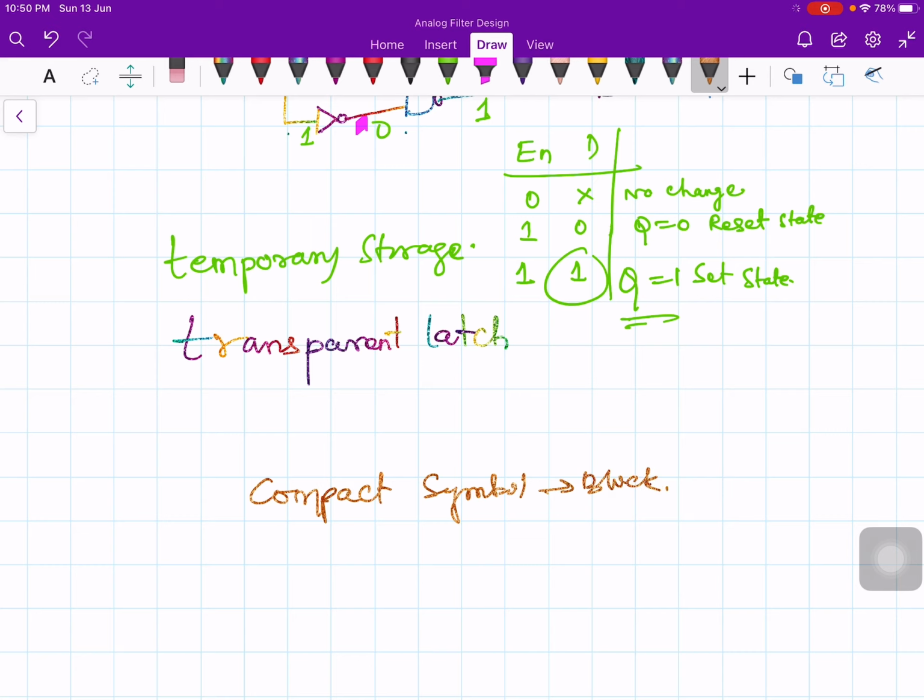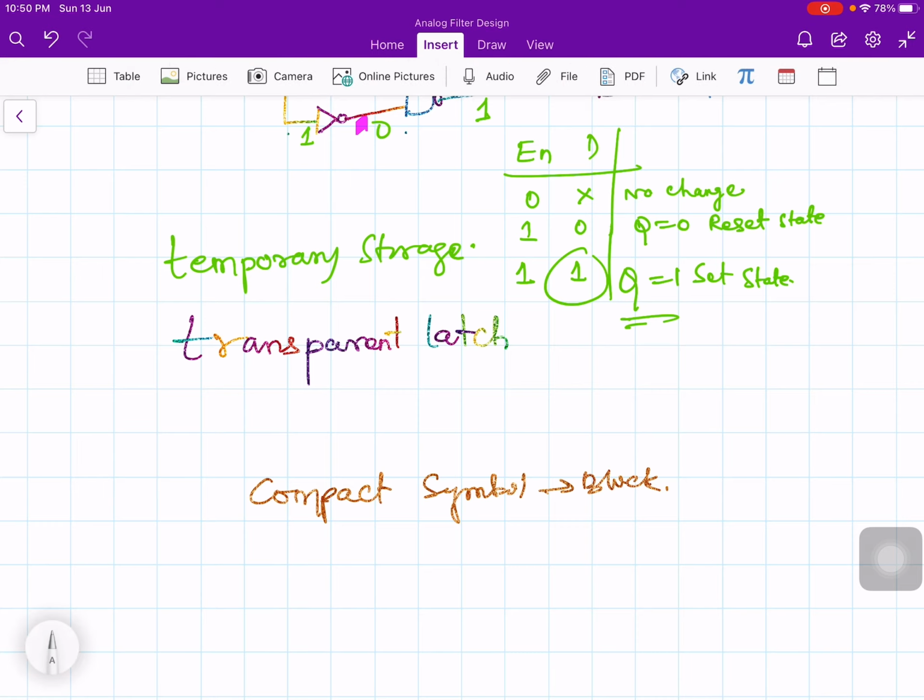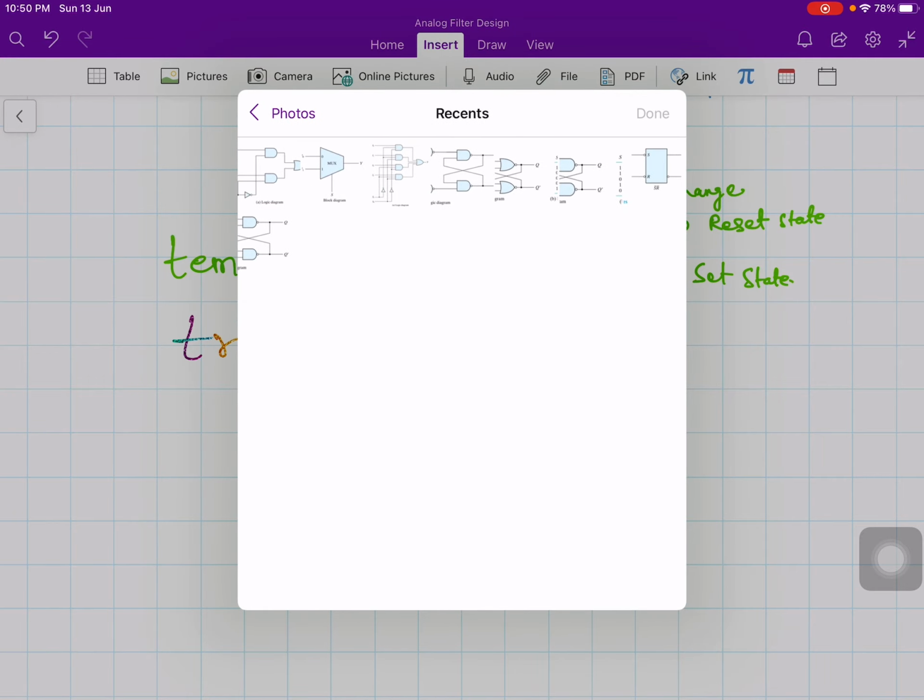This latch can be represented as a block. Okay, so something called graphical symbols for latches. So let us insert that. Insert pictures, yes, this one.